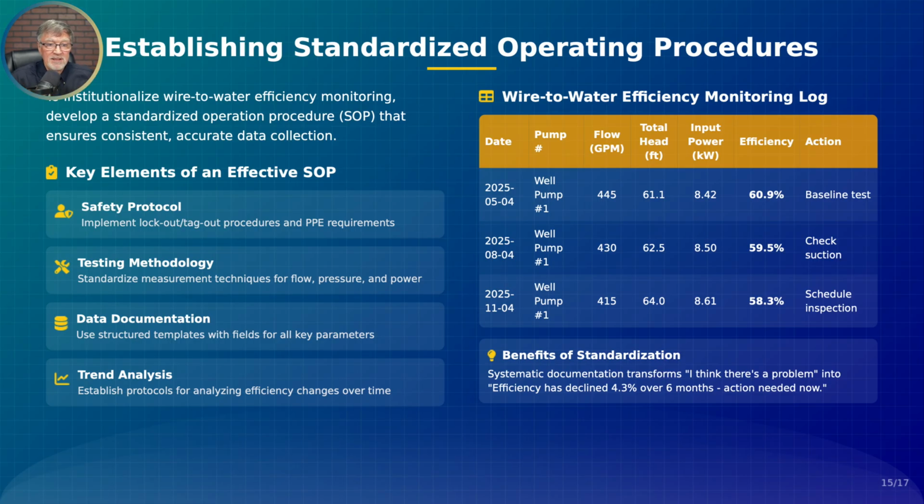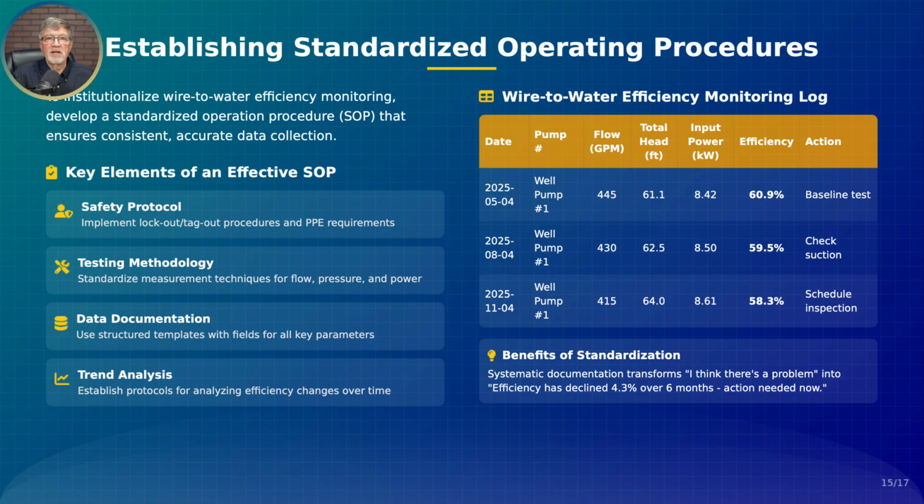All right. Standard operating procedures. We want to establish these so that we're consistent from measurement to measurement, so that we're always doing it the same. So, institutionalized wire to water efficiency monitoring. You're going to want to develop a standardized operating procedure, SOP, that ensures consistent, accurate data collection.